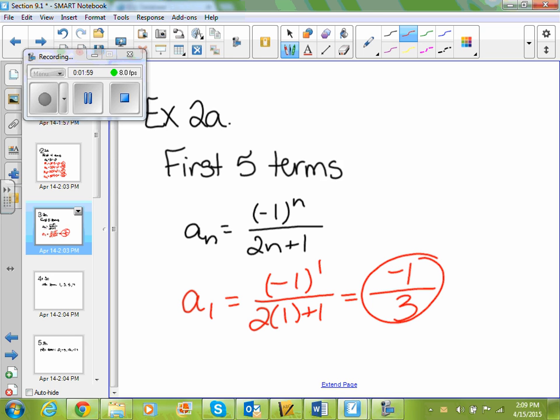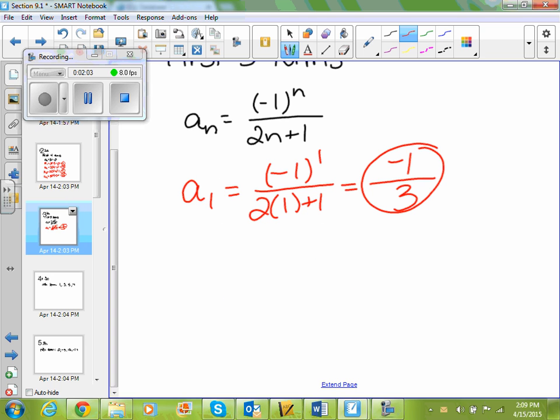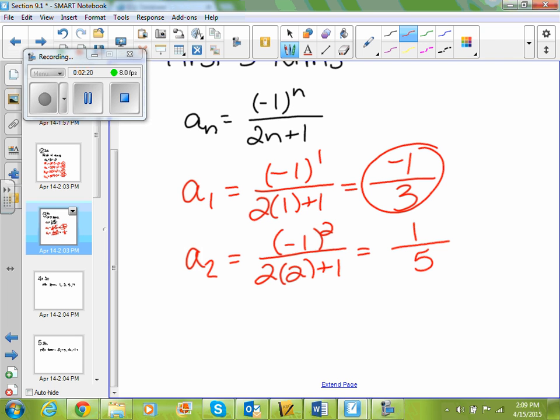So negative 1/3. If I do the same thing for my second term, negative 1 squared divided by 2 times 2 plus 1. Negative 1 squared gives me positive 1. 2 times 2 is 4. 4 plus 1 is 5. So positive 1/5.